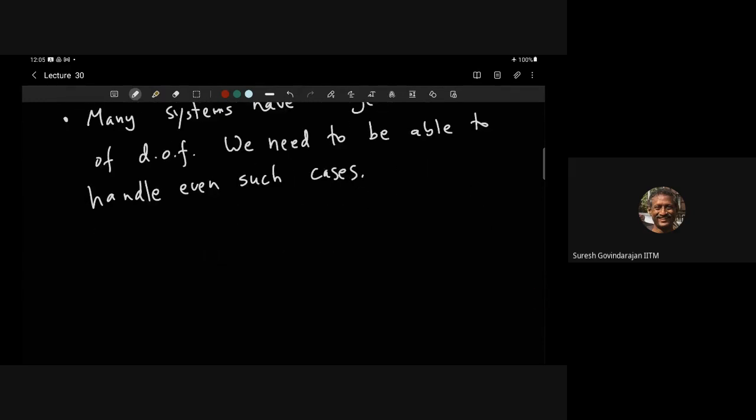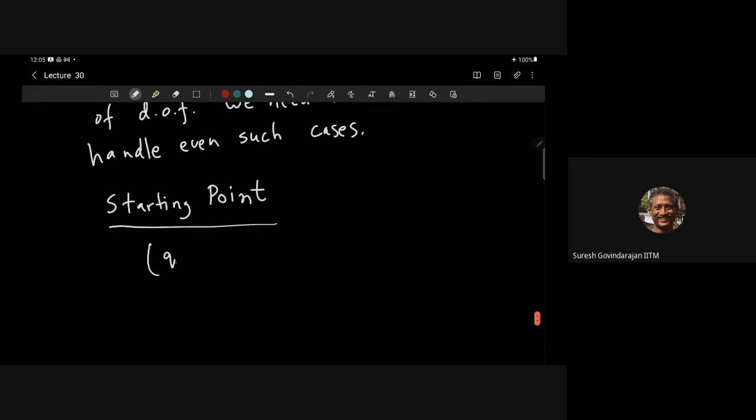Okay, so with this in mind, the starting point is simple. We have some system with Q1, Q2, up to Qn. These are some generalized coordinates.